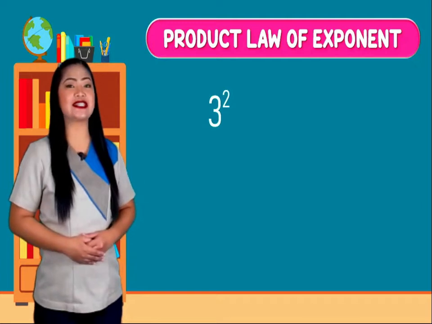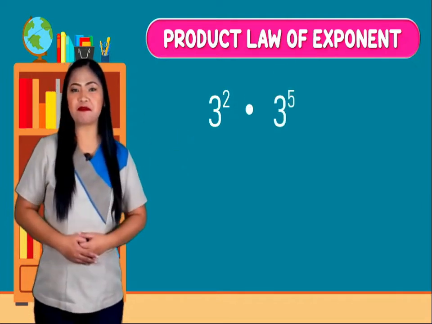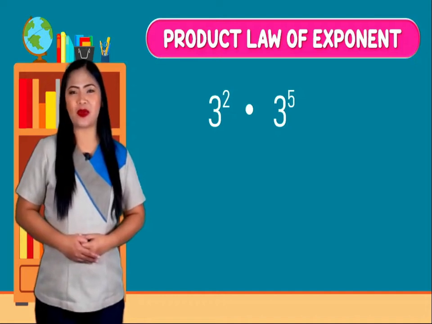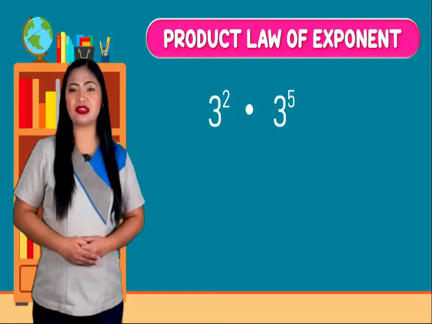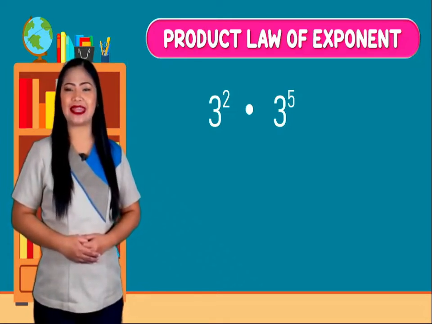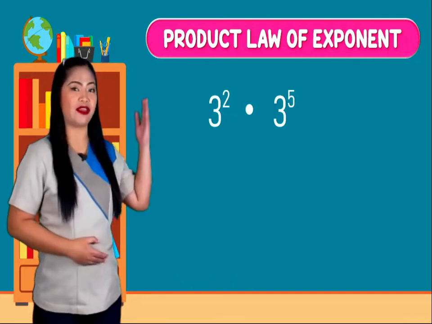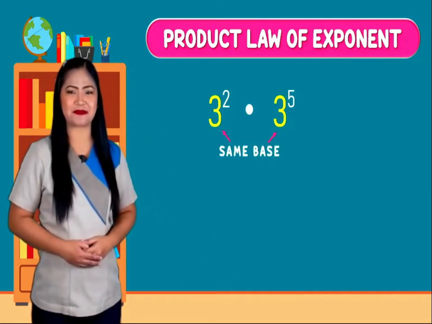In 3 raised to the second power multiplied by 3 raised to the fifth power, we are dealing with exponents. The first thing that you need to look into is if they have the same bases. In this case, the bases are 3 and 3. So we have same bases.